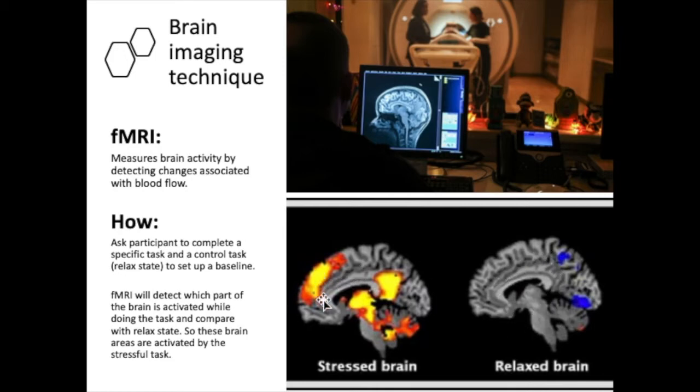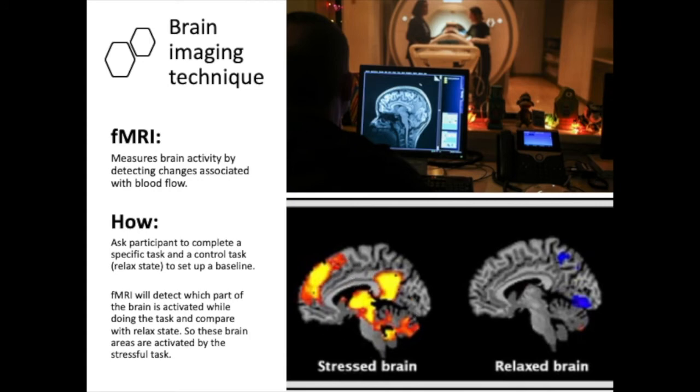The areas in the fMRI which light up are the brain areas activated by the stressful task. So this is a basic understanding of how we can measure stress using fMRI, checking the level of activation in the brain.